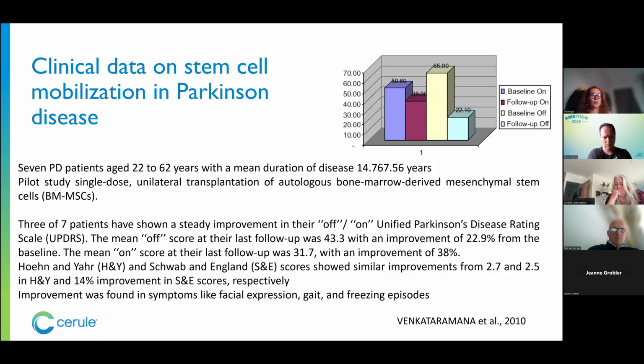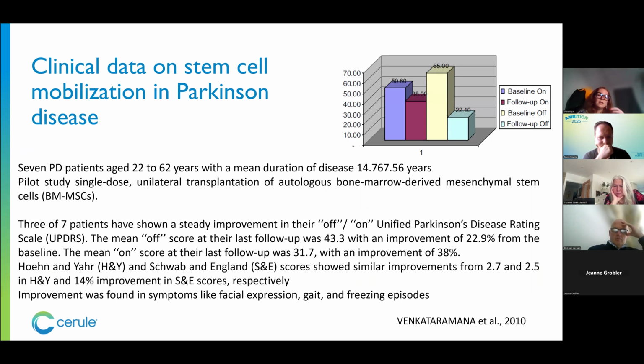We have also another pilot study on 7 patients with Parkinson's, with a mean duration of disease of 15 years, with a single dose of mesenchymal stem cells, and we have significant improvement in both the off and on states of the UPDRS.